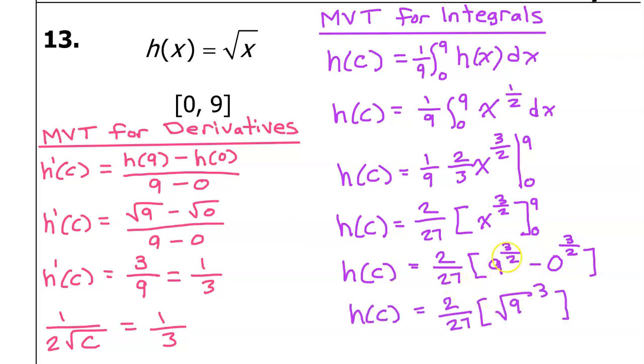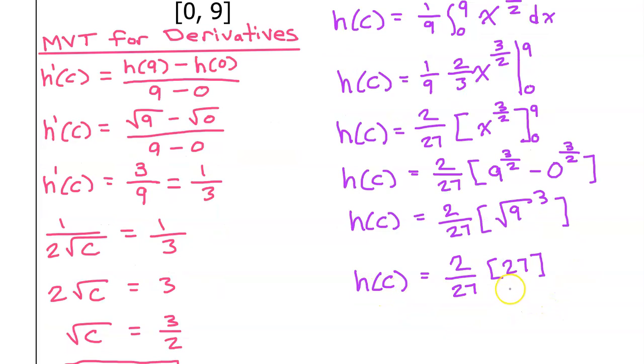In other words, 9 to the 3/2 power is the same thing as the square root of 9 cubed. The square root of 9 is 3, and 3 cubed is 27. These 27s will cancel each other out, and we are left with h at c is equal to 2.